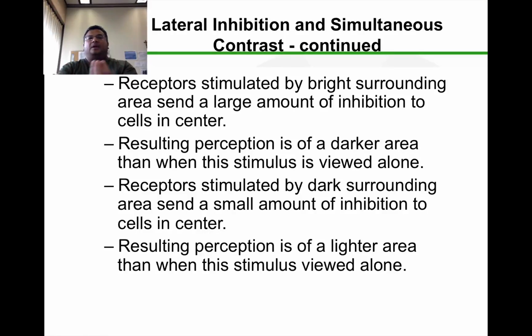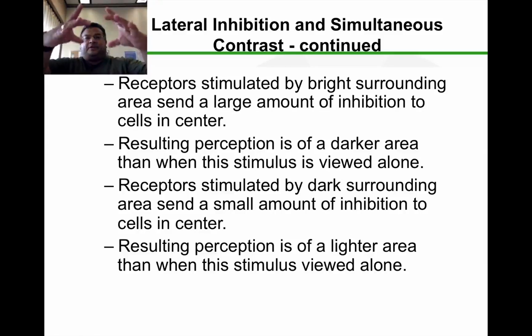As a result, the perception is of a darker area than when the stimulus is viewed by itself. So you have a little bit of a darker area in that spot because this guy is inhibiting everybody else. The receptors that are stimulated by a dark surrounding area send a very small amount of inhibition to the center.